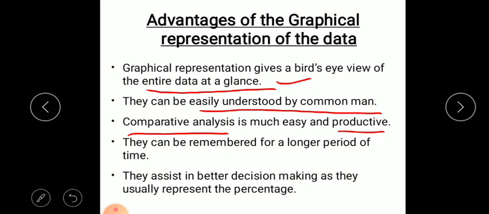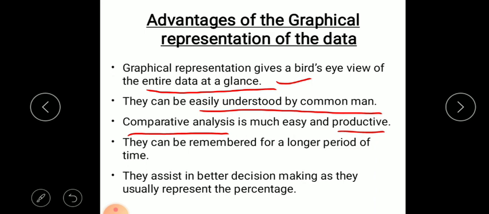And lastly, they assist in better decision making, as they usually represent the percentage. Whether you are using graphical representation of data, diagrams, or tabulation or simple textual data, the main reason why you are collecting data is that it should be easier for the management to take better business decisions.